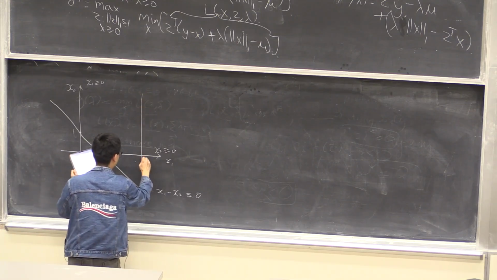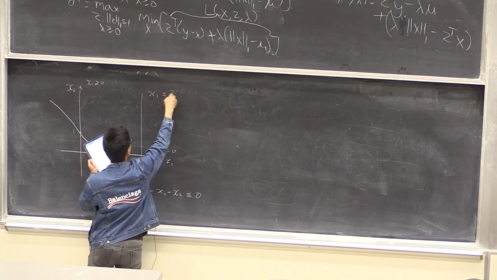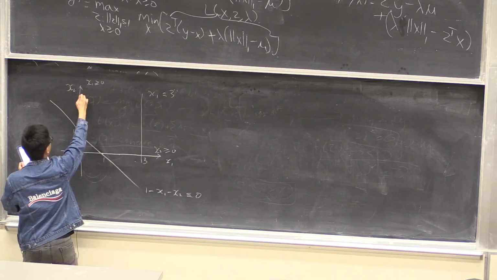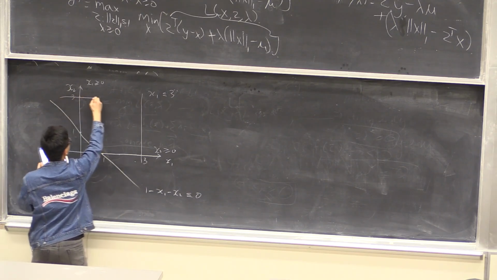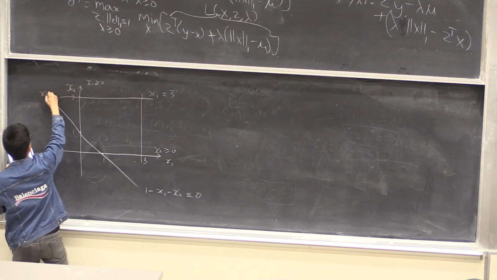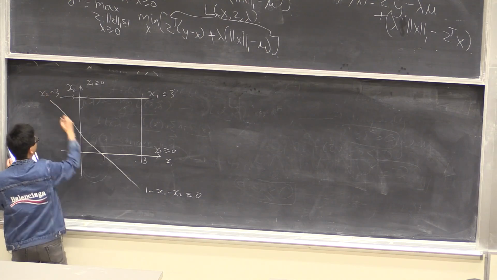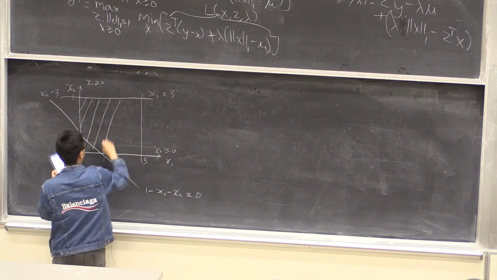This is 3, x1 smaller than 3. And the last one is kind of symmetric, so x2 smaller than 3. So the feasible region is just this region.